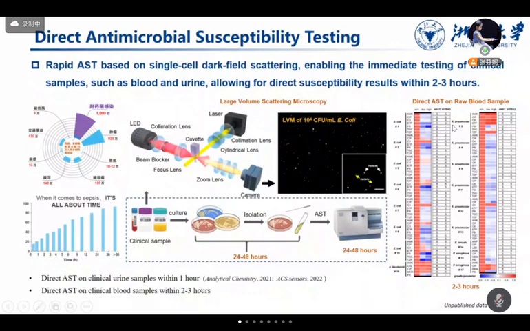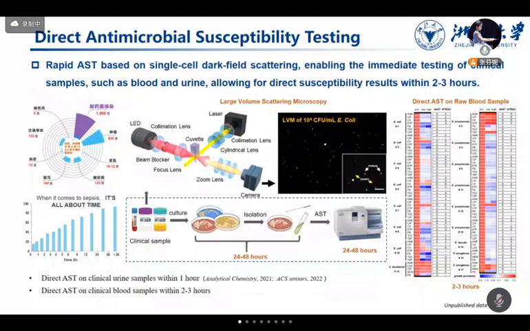Okay. I will give you a brief summary of another work I have been working on. It's the direct antimicrobial susceptibility testing. Like I mentioned, we are trying to solve the threat of the resistance problem. So we built a very sensitive single cell scattering system.